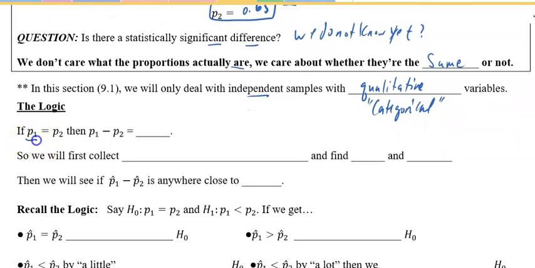The logic is this. If P1 equals P2, then if you subtract the two, wouldn't you get a 0? If I subtract two quantities and get a 0, doesn't that mean that they're the same? So, we will first collect sample proportions from each population.